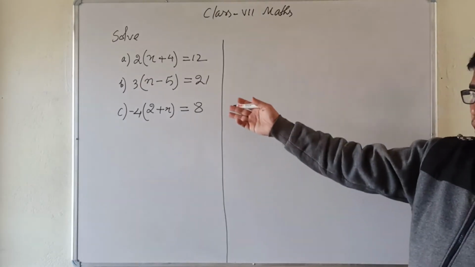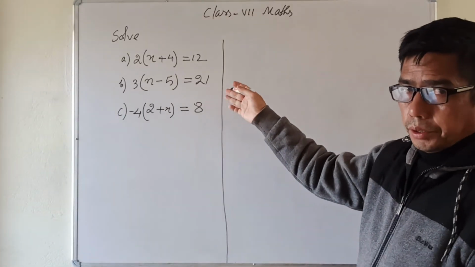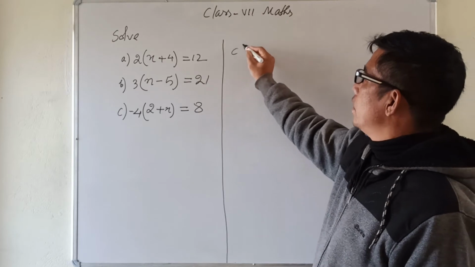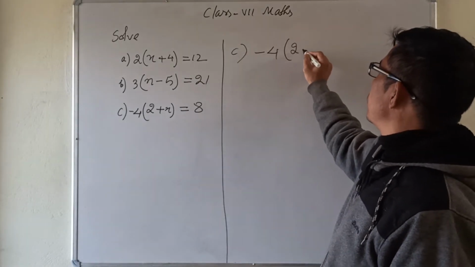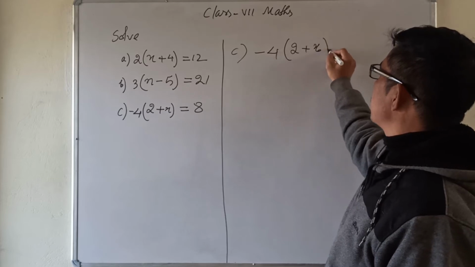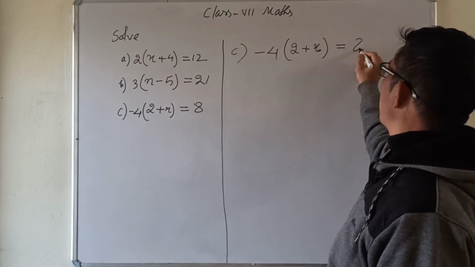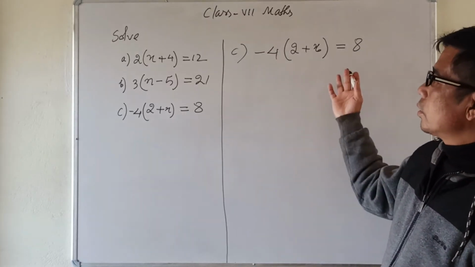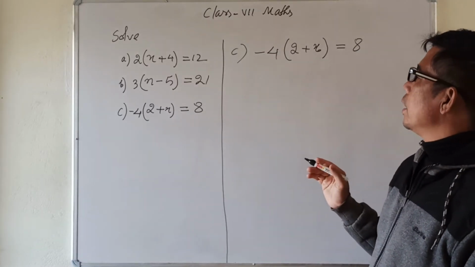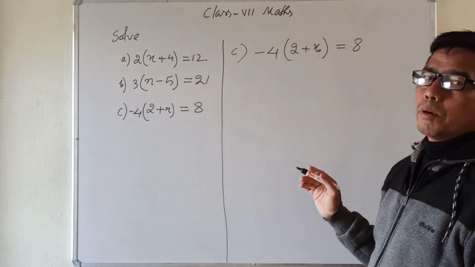Let's go to the third equation, that is C, minus 4 times 2 plus x equal to 8. This is also the same as in the past 2 questions, we will apply the distributive property.